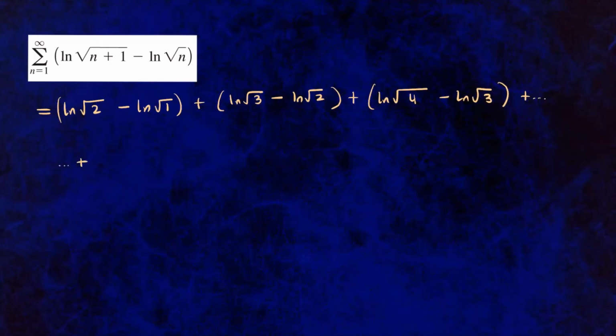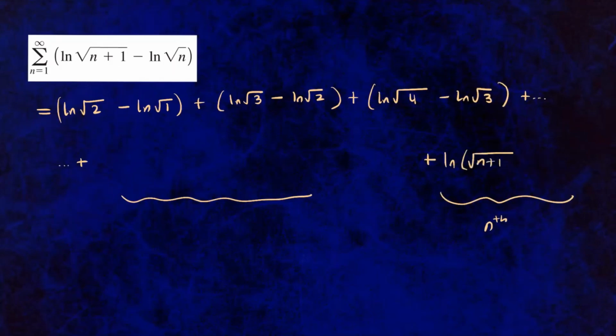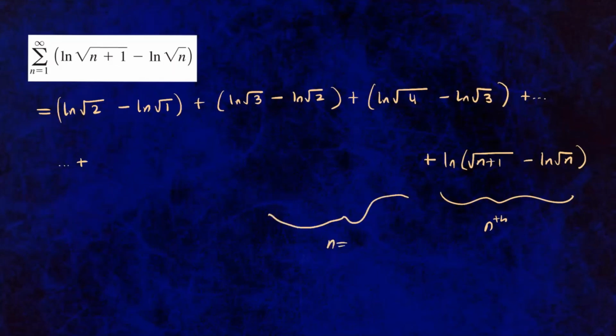Before that, I want to write the nth term. The nth term will just be the formula. So you'll have ln of square root of n plus 1 minus ln of square root of n. That's the nth term. Now let's go ahead and write down the term before the nth term, the n minus 1 term.